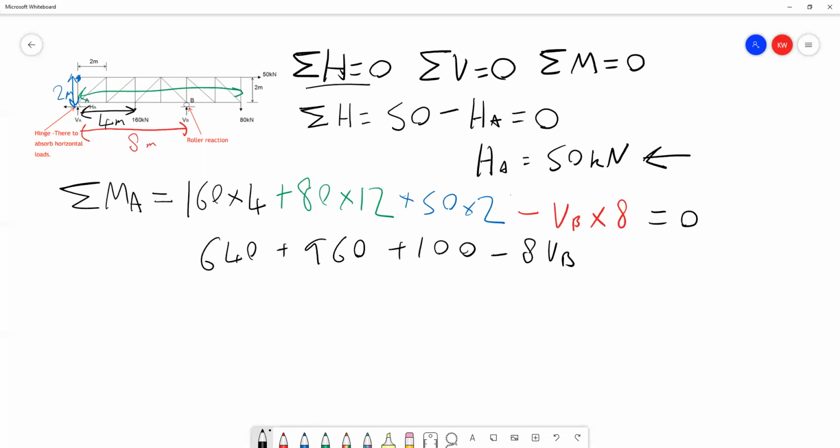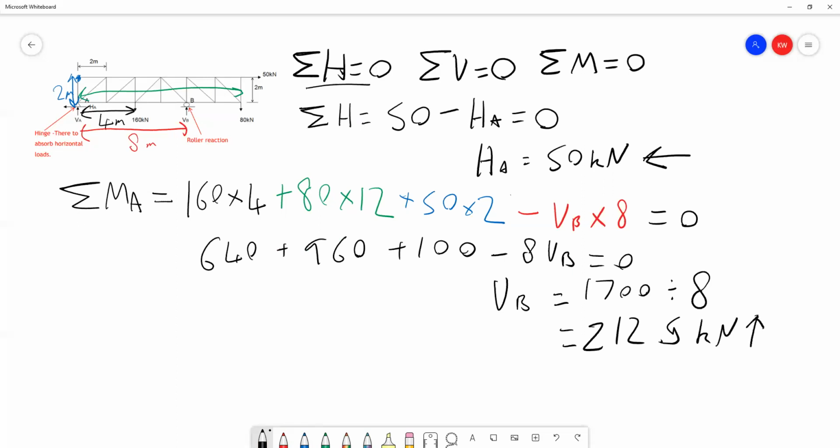So taking VB over to the other side and then dividing everything through by 8, we're left with VB equal to all these numbers added up together, which is 1700 divided by 8. I'll just do my calculation to check that I'm getting this right. That's 212.5. Of course, that is in kilonewtons and it's acting up the way.